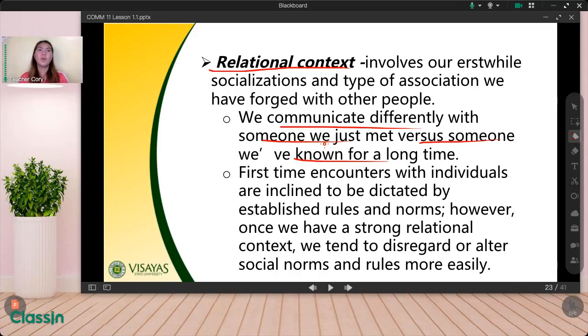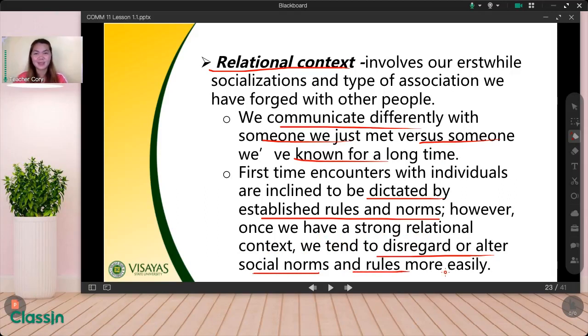We tend to open up more to people whom we are comfortable with, people whom we have known for a long time already, compared to people whom we just know. Right? That's relational. First time encounters with individuals are inclined to be dictated by established rules and norms. However, once we have a strong relational context, we tend to disregard or alter social norms and rules more easily.